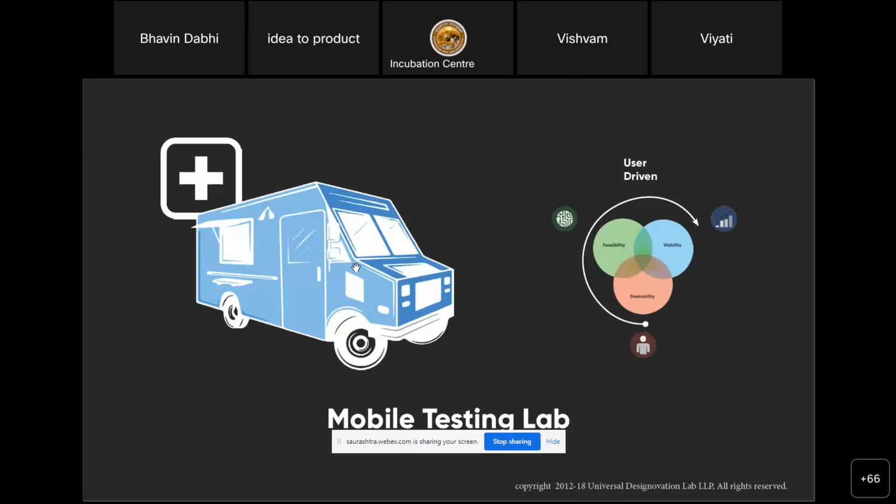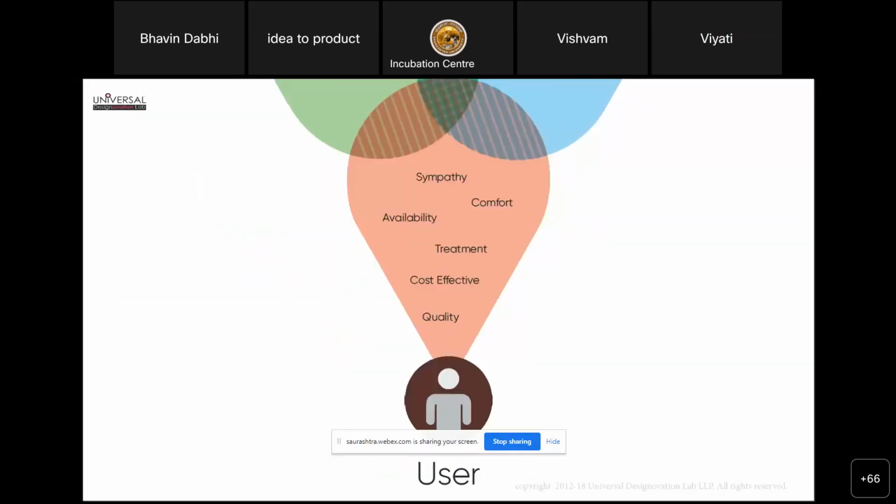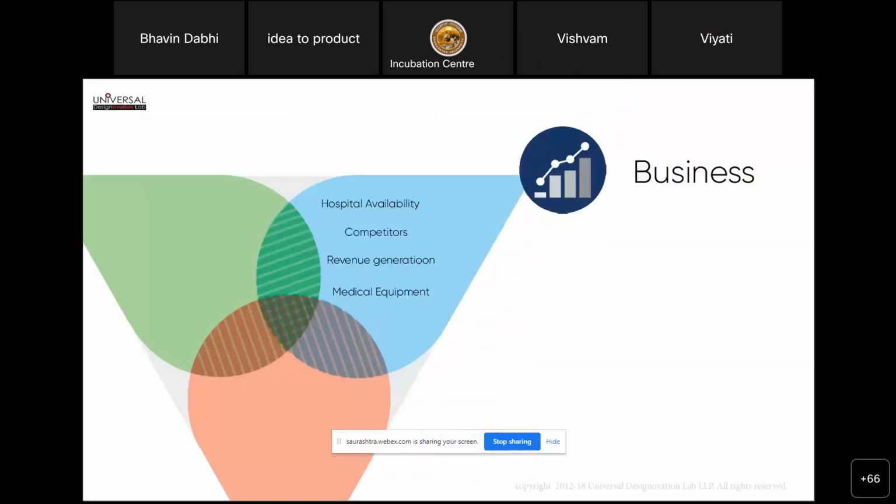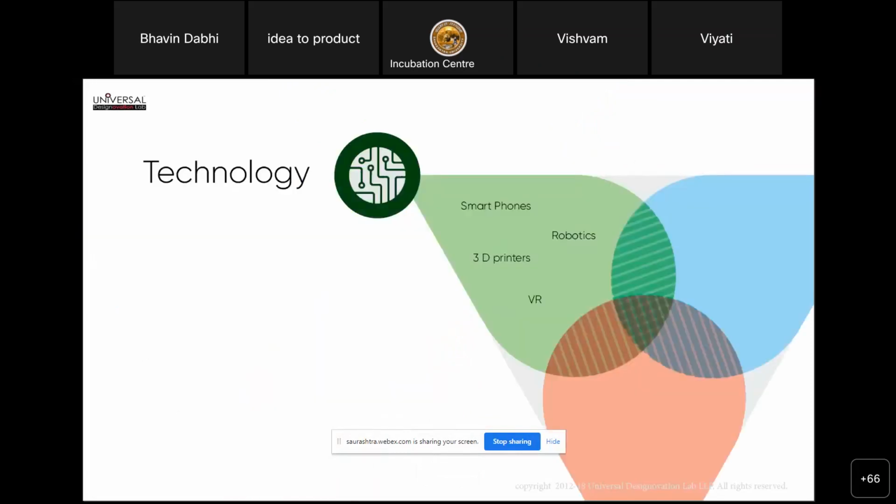So we need a different approach to solve the problem. We have to focus on the user, and on business. Business demands all this. We have to have a technology that has been upgraded to a level.